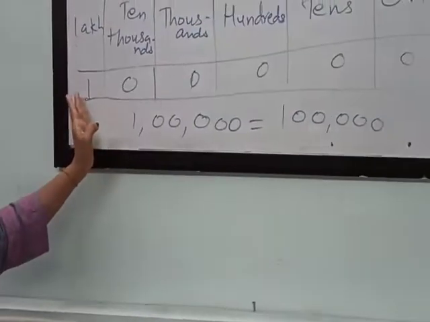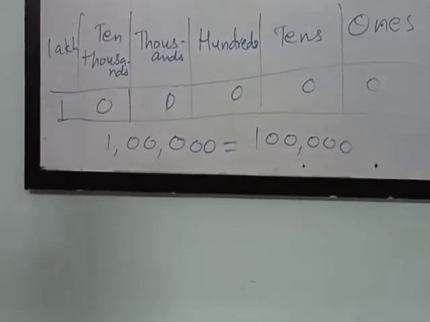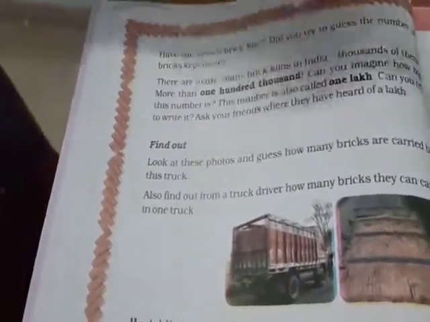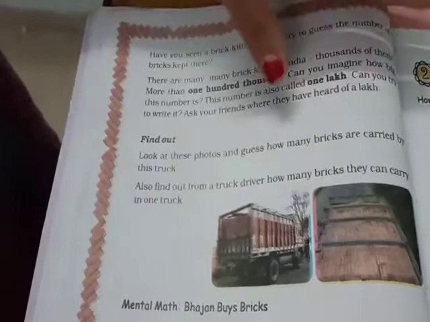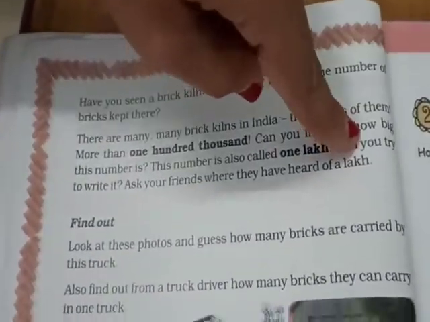According to the place value, we can arrange the number like this. Now can you try to write it? Ask your friends where they have heard of a lakh. Just think about where you have heard the word lakh. In third standard we have studied numbers till lakh.